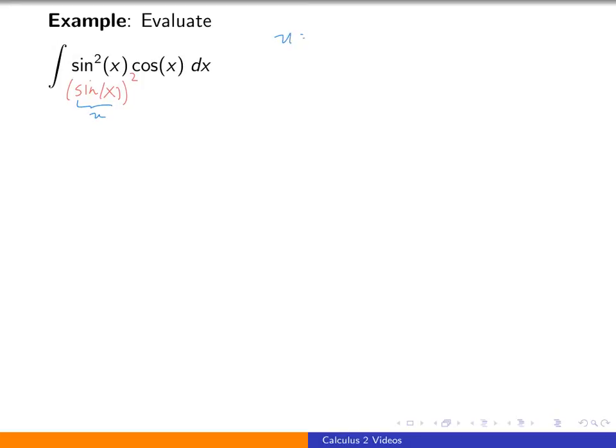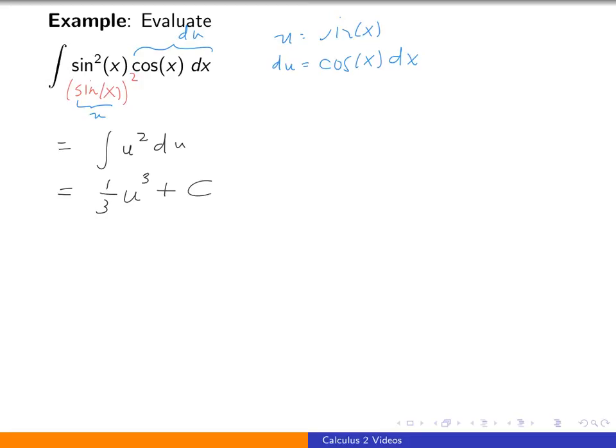So we can let u be equal to sine of x, so that du is cosine x dx. So this really is the ideal situation. We very quickly can convert this entirely in terms of u's, and not only that, the resulting integral is very quick, very efficient to evaluate. And then resubstitute back in.